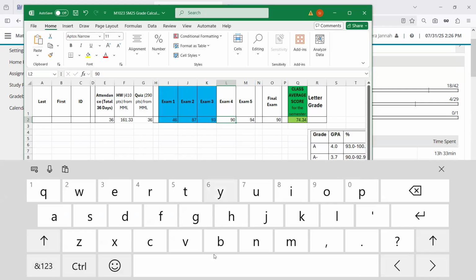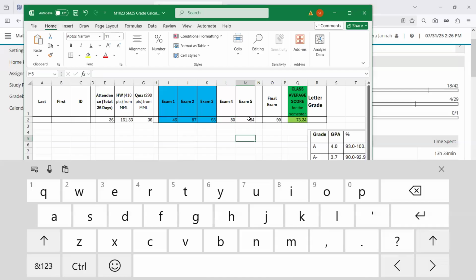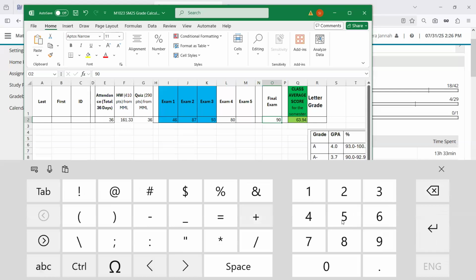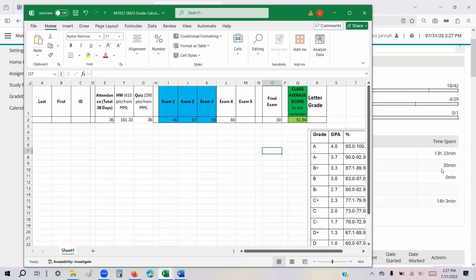Yes, 80. Okay, so with perfect attendance, with these scores, and 50 on the final exam, you have 51, which is failing.